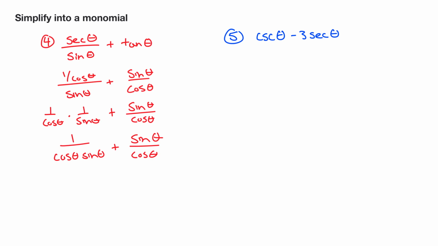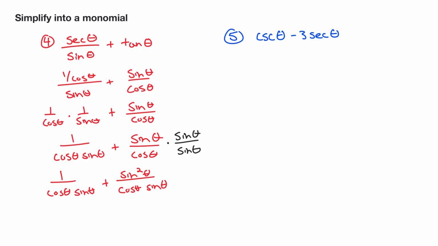So I'm going to multiply the second fraction by sine over sine. That will allow me to then have 1 over cosine of theta sine of theta plus sine squared of theta over cos of theta sine of theta.